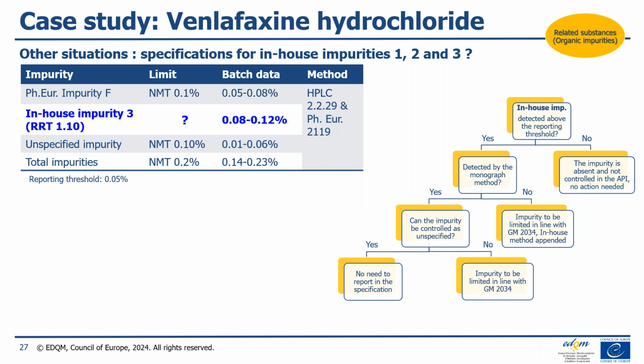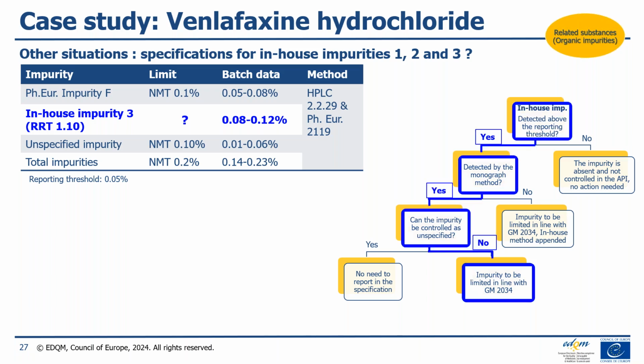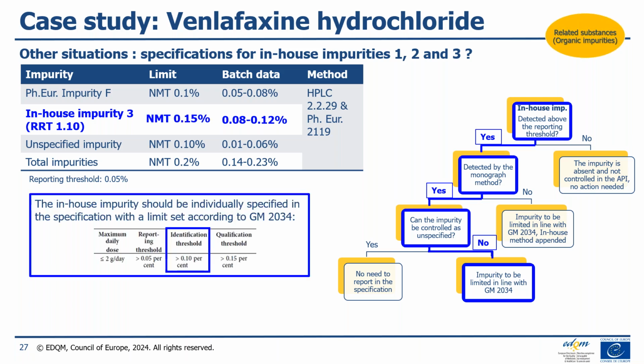For in-house impurity 3, it's present at 0.08 to 0.12% in the API. So following the diagram, the impurity has to be limited in line with General Monograph 2034. And for this, we can set a limit at not more than 0.15% in line with General Monograph 2034.